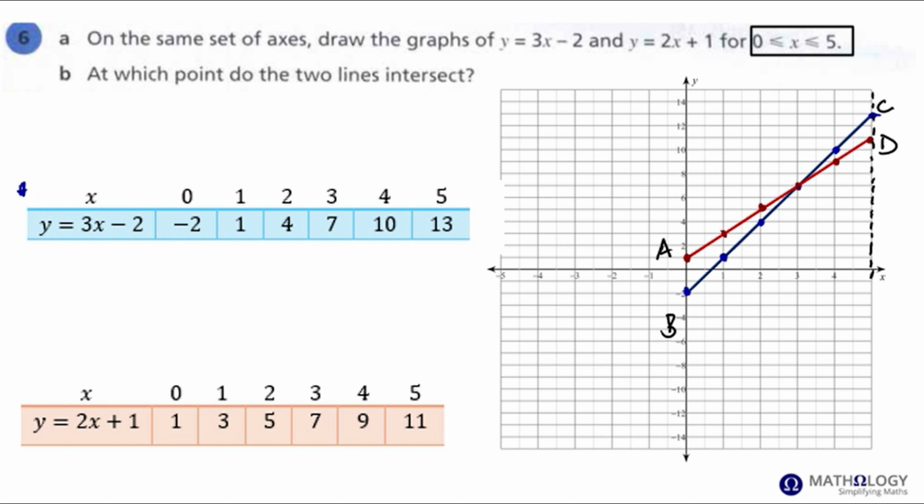At which point do the two lines intersect? Well, clearly we can see from the graph that the two lines intersect at that point over there. Let's call that point E. And point E is, this is how you write a point, x coordinate first and then y coordinate, (3, 7). We could have also seen the point of intersection by looking at the common point amongst the two graphs: x equals 3, y equals 7.